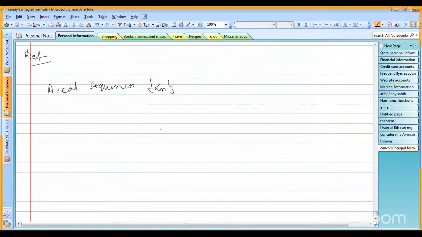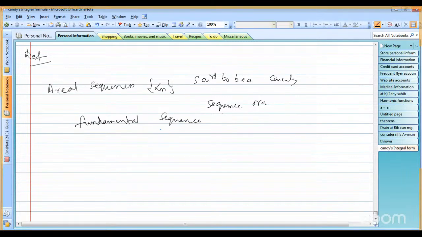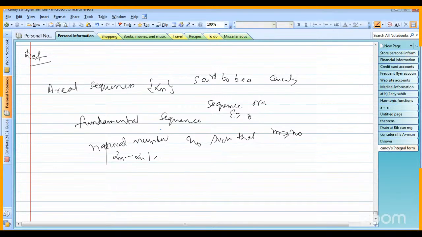The real sequence alpha n is said to be a Cauchy sequence or a fundamental sequence. We know that the Cauchy sequence or a fundamental sequence, for each epsilon greater than 0 here, the natural number n naught such that n greater than or equal to n naught, that is modulus of alpha n minus alpha m less than epsilon.